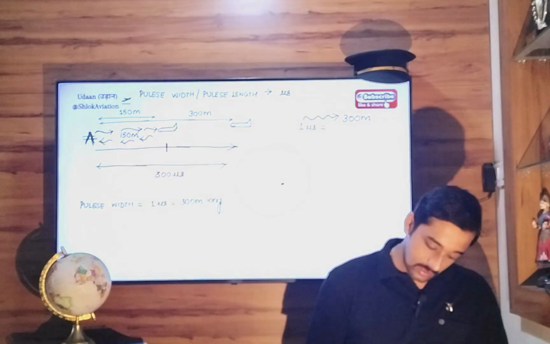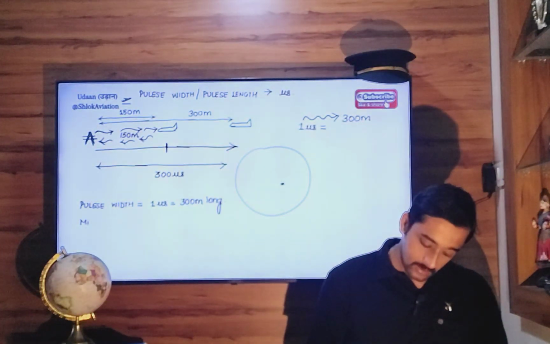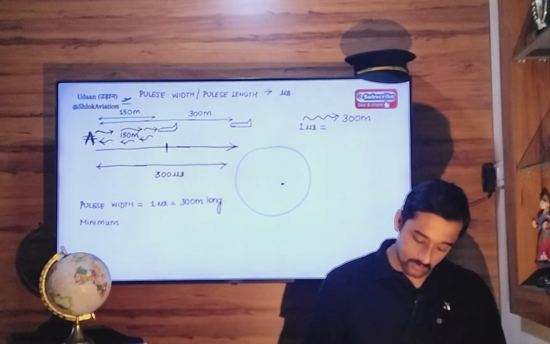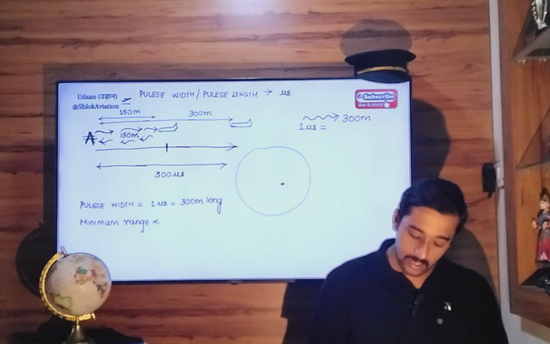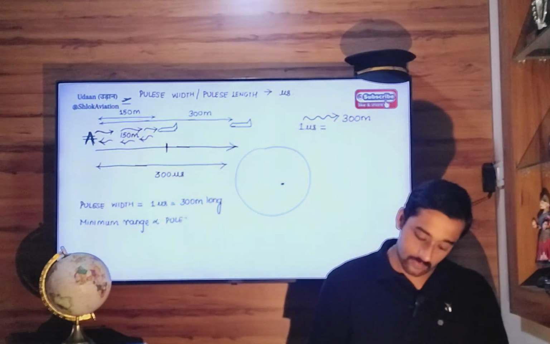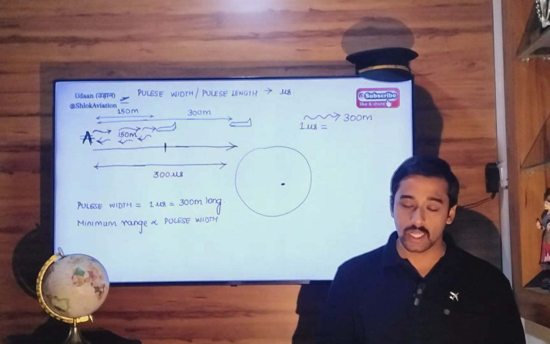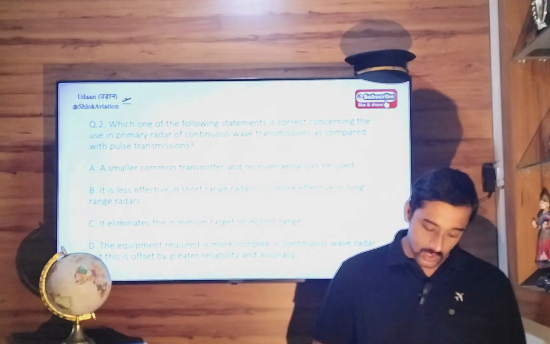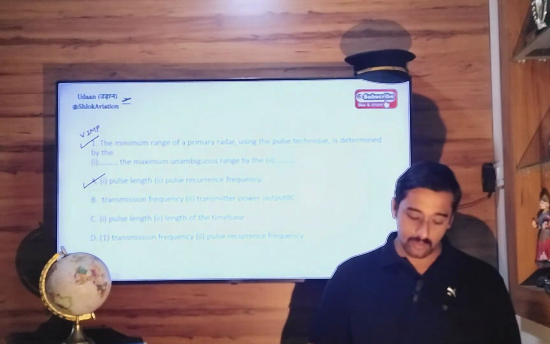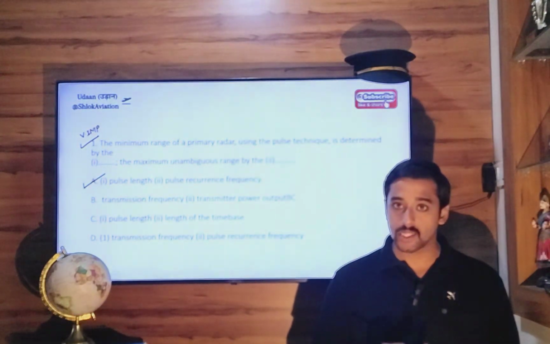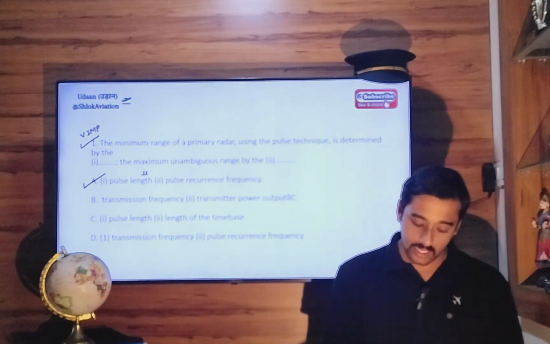So minimum range is determined by pulse width. So the correct option will be option number A. Minimum range, pulse length or pulse width measured in microseconds.